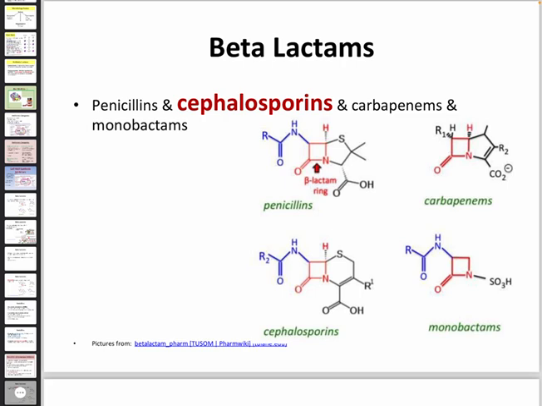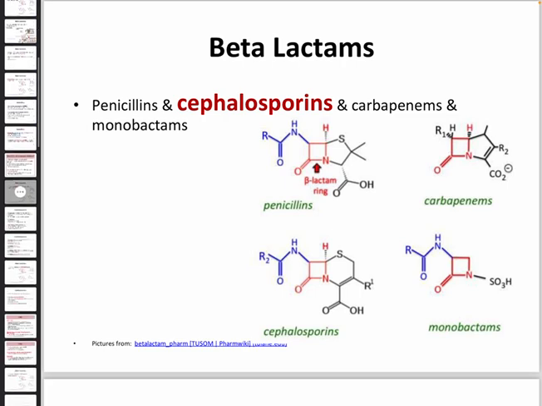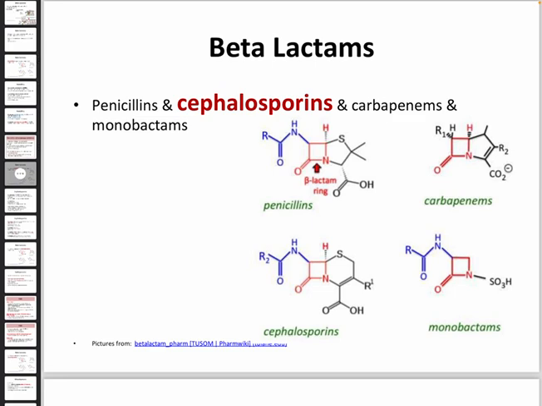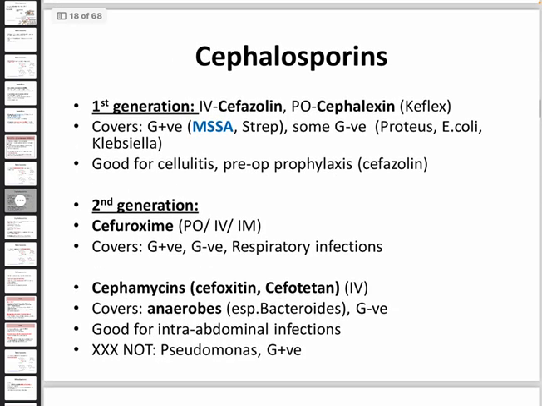The higher you go up in number, like 2nd, 3rd, 4th, 5th, the broader the spectrum and the more gram-negative coverage they become, and somehow less gram-positive coverage. First generation, many options you can prescribe either IV or oral. Oral like cephalexin, which is an excellent option to treat UTI.